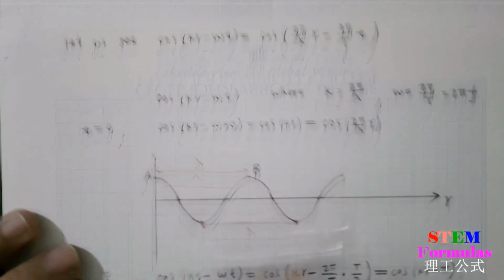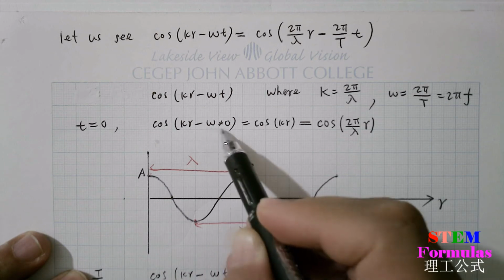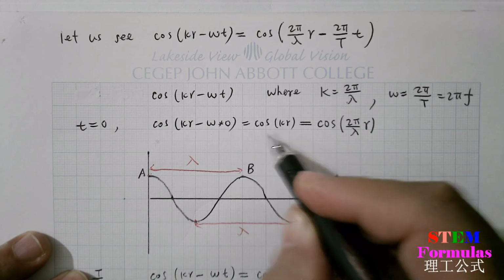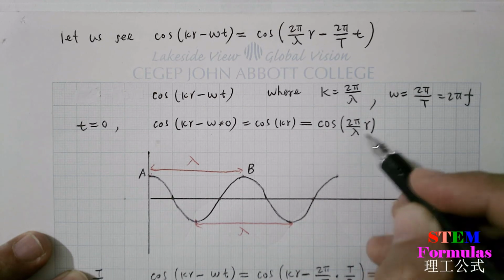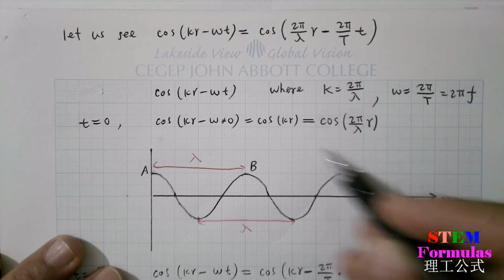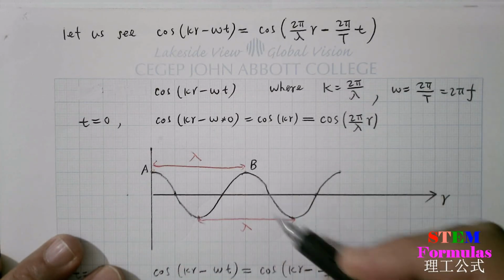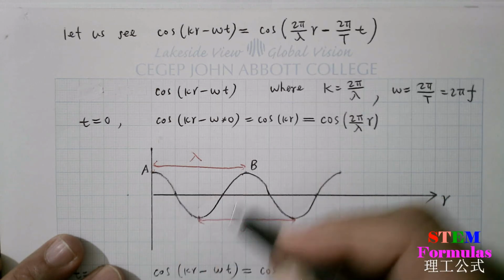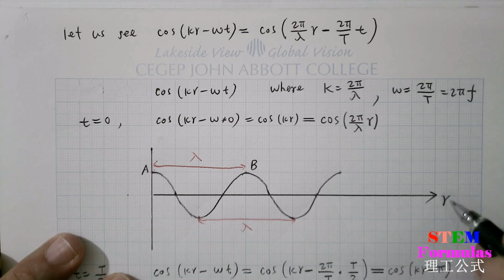For example, at t equal to 0, cosine k r minus omega times 0 equals cosine k r, equal to cosine 2 pi divided by lambda times r. If we draw this function as a function of r, we will have this picture.